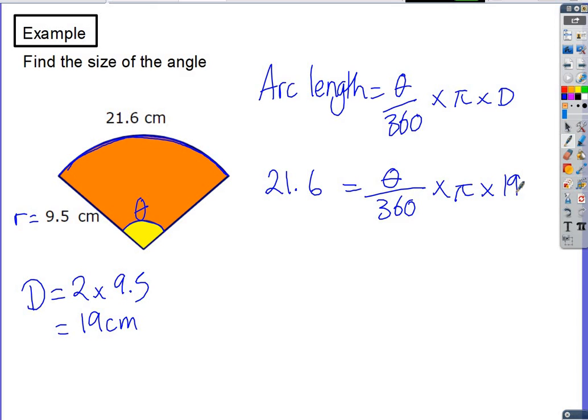So then, what I will need to do is, again, I need theta over 360 on its own. So I'll take these here, divide by those, so that's 21.6 divided by pi times 19, or 19 pi, is equal to theta over 360.